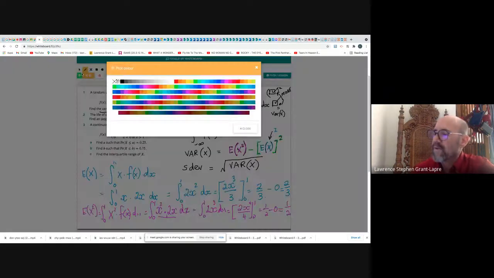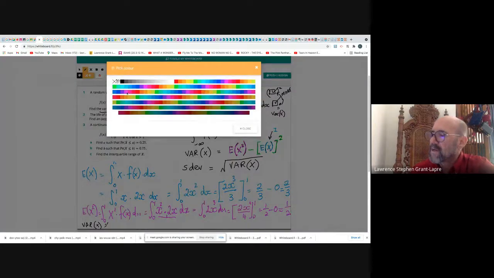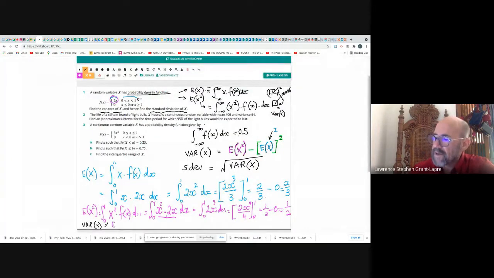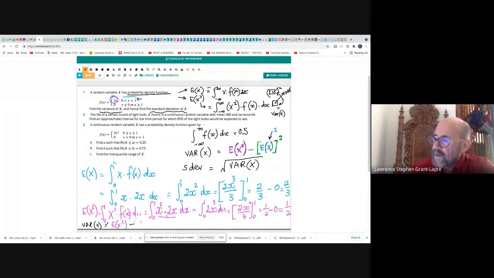So here we go, putting these together. Are you ready? Variance of x equals, I'll color code this, our expected value of x squared, minus, and we go back to blue, our expected value of x, which is the mean.